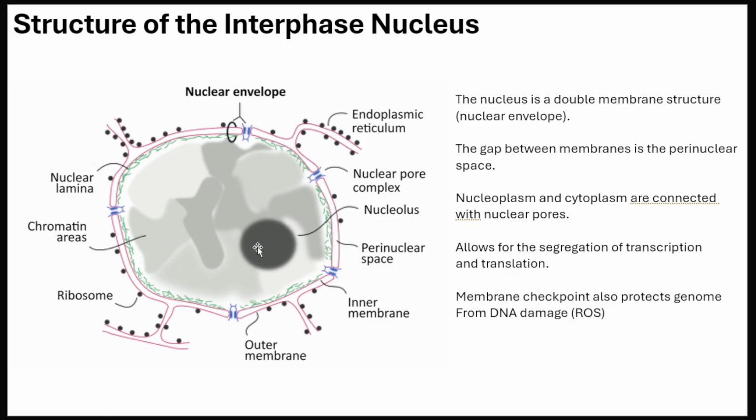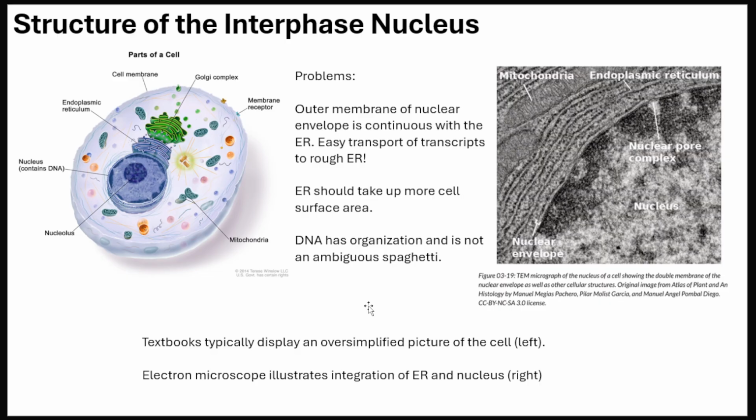So that is just one of the ways that higher level life has really optimized itself. Furthermore, you can see that there's a lot of other structures here that I'll talk about. The cell you see in the textbook is kind of inaccurate. It's not really proportionally accurate to what you would see under an electron microscope. For instance, the endoplasmic reticulum should stretch way further out than how it is in here.